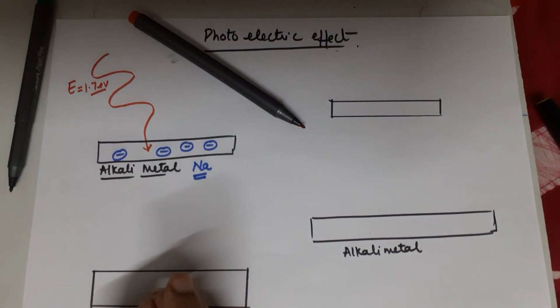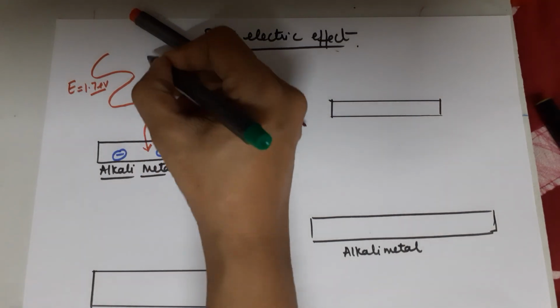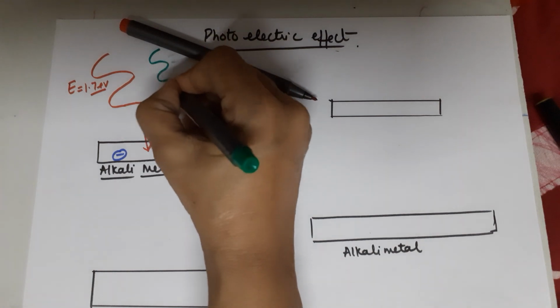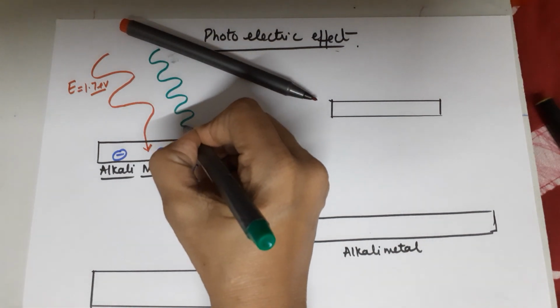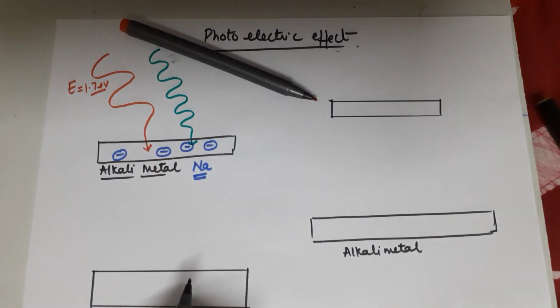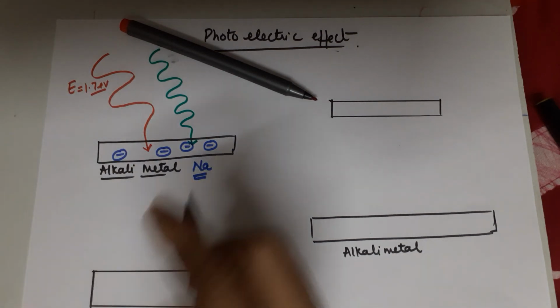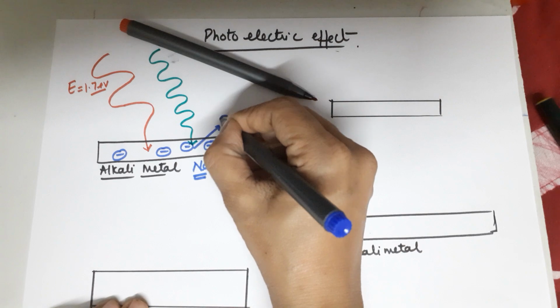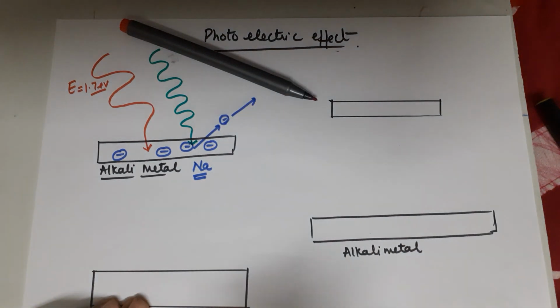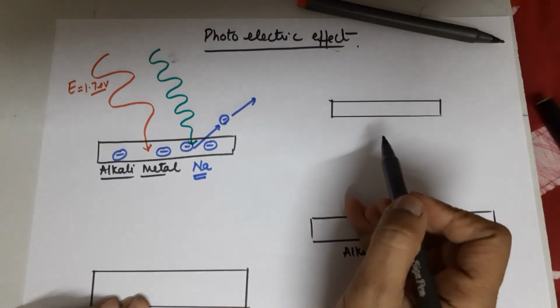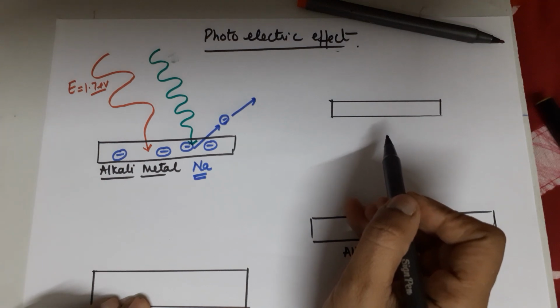Now, coming to the next concept, if I use a green colored light, comparatively the wavelength will be less and it hits here. As soon as this green colored light hits, I find that the electron is ejected out, which means photoelectric effect is observed. Now the question is why?